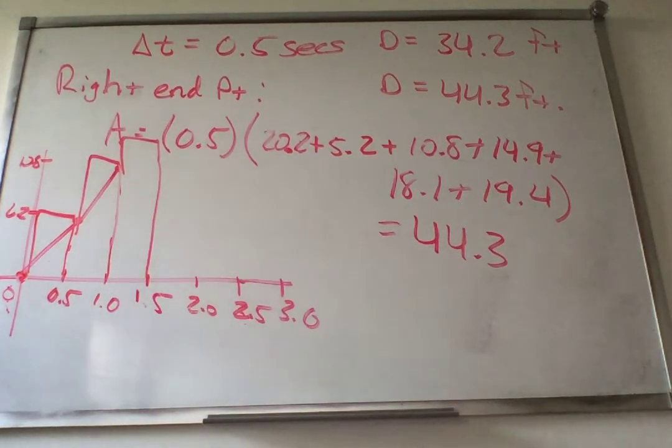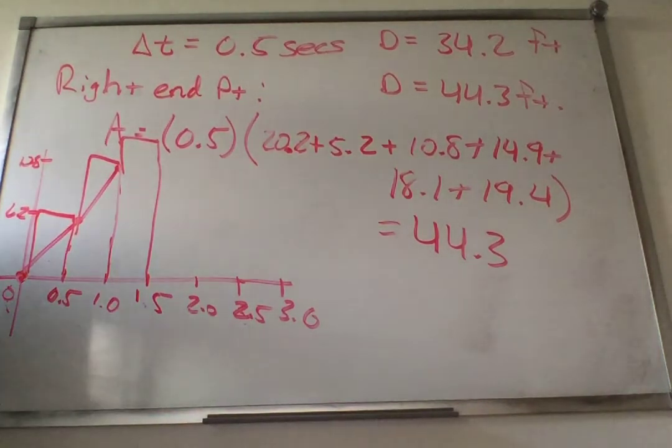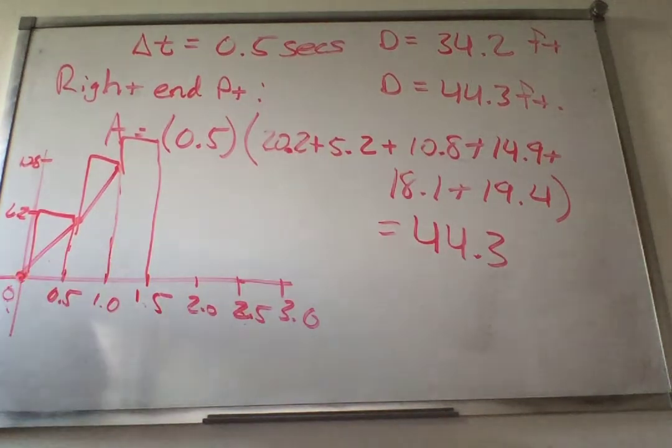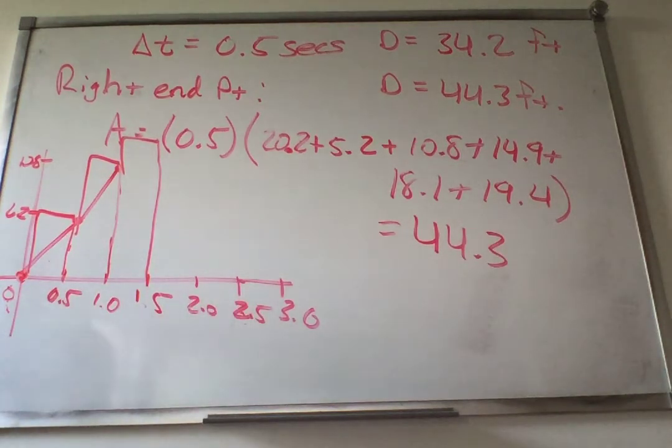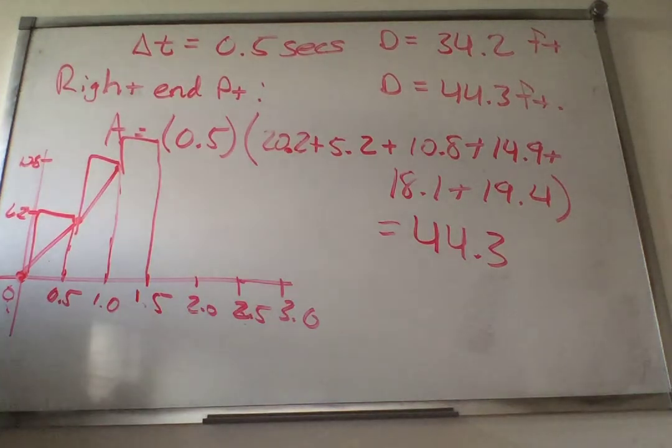So this is what the question was asking us. Over this 3-second interval, find the lower and upper estimates for the distance that she traveled. The distance is related to an area in this case. It's the area underneath the velocity function.